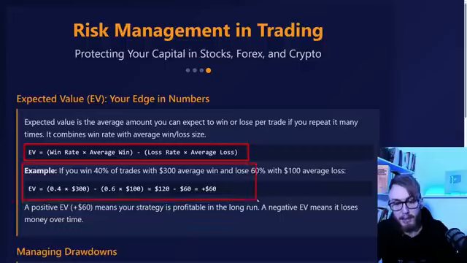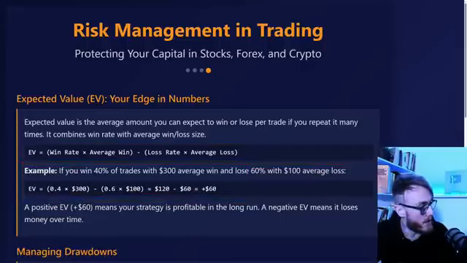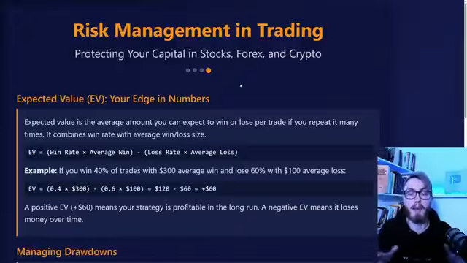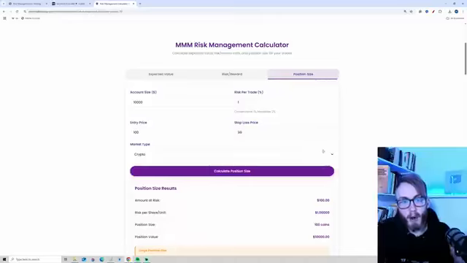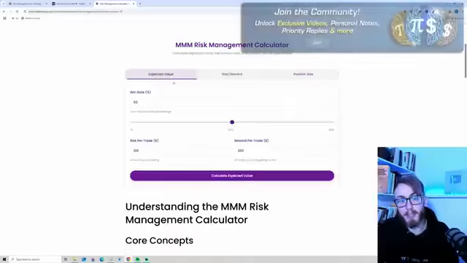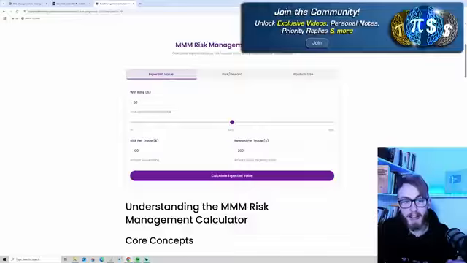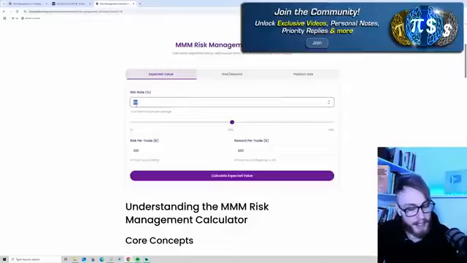So here is a simple example, but as always, I do think it's so much easier to just use our Mind Math Money calculator. So now we are back here in our Mind Math Money risk management calculator. You simply want to go here to expected value. And as a very simple example, let's say, once again, let's take the 60% win rate example.